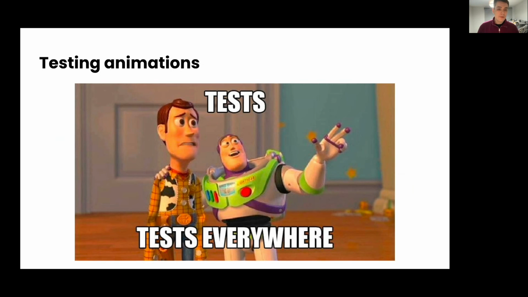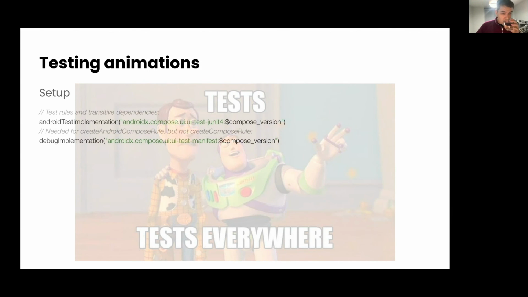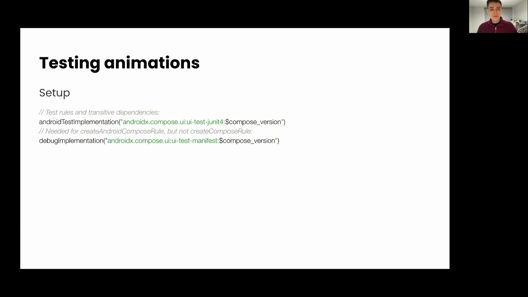And now let's briefly discuss tests and testing of the animations. We only have about 10 slides left, so we're pretty close to the end. In order for the necessary classes to be available, we need to add 2 dependencies, after which a special compose test rule will be available.